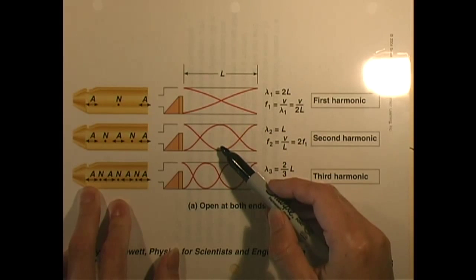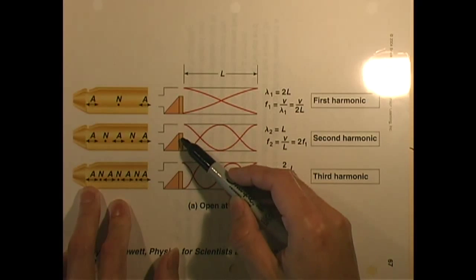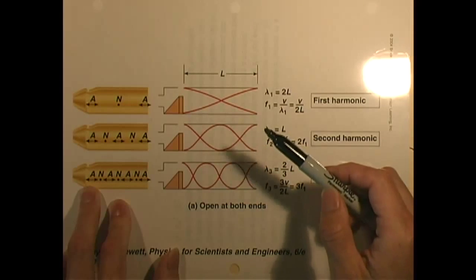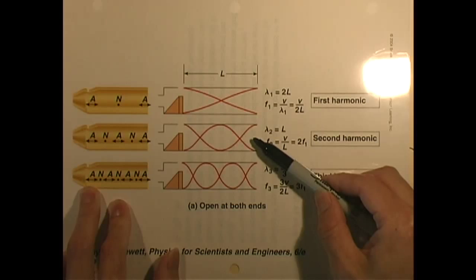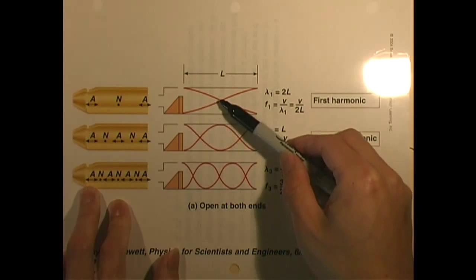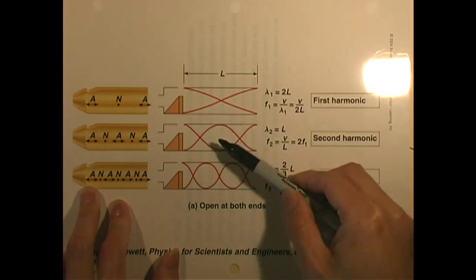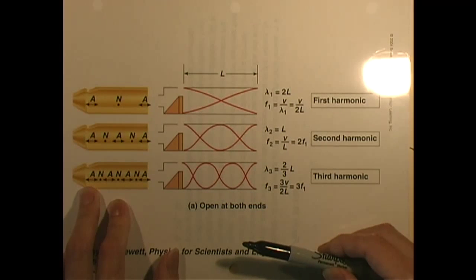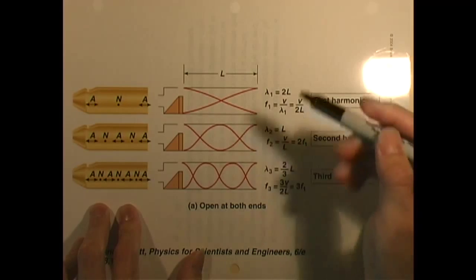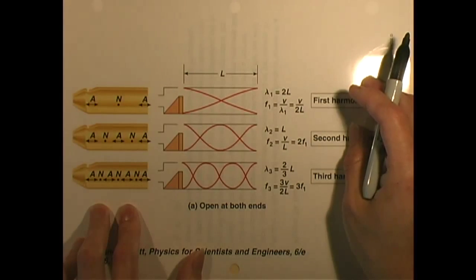And here is the next possibility. You have an antinode here. So you see, the idea is you must have a half loop at each end, okay? And in between, you can put in 0 loop, 1 loop, 2 loops, 3 loops, whatever you want to do. Okay, now, what about the corresponding frequencies?